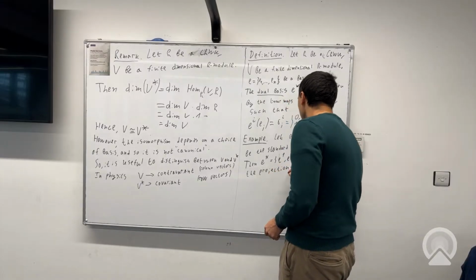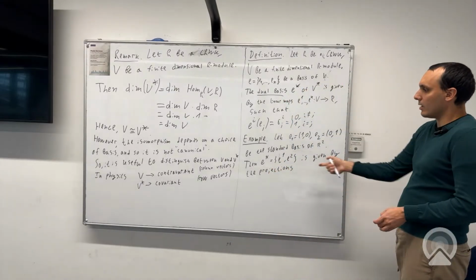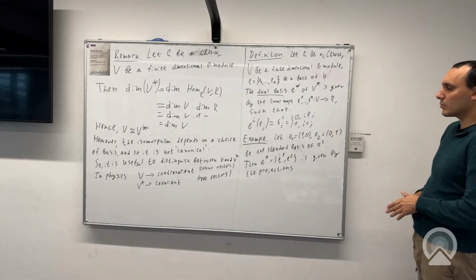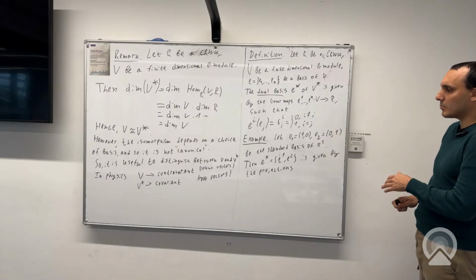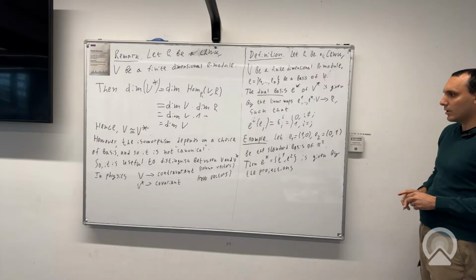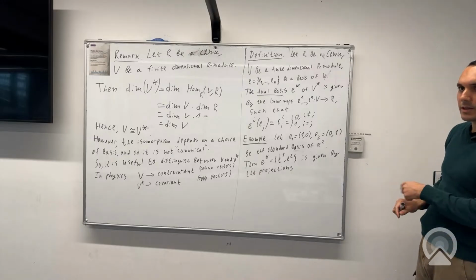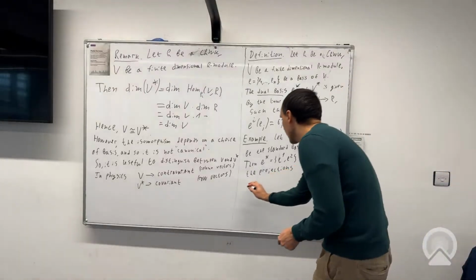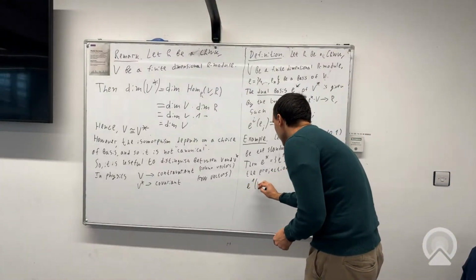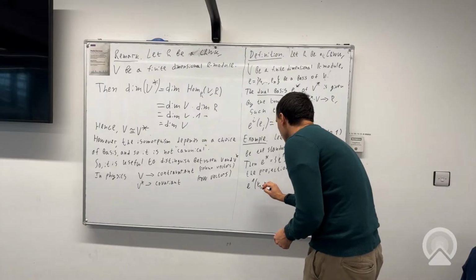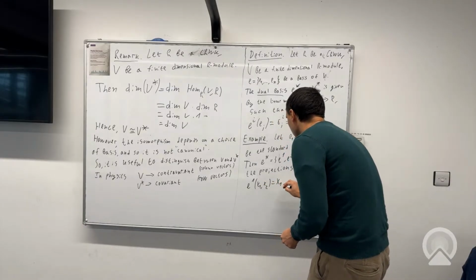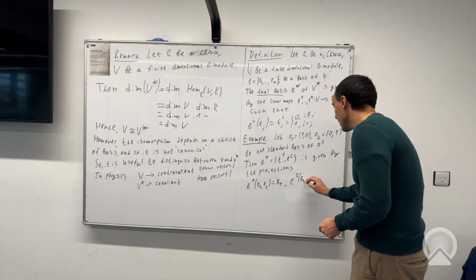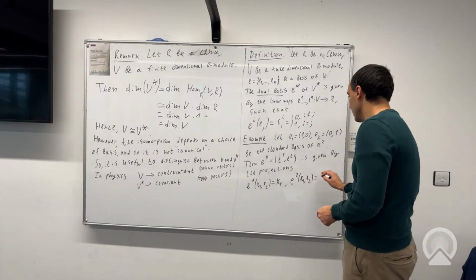Remember I said a linear function on R squared is just a1 times x1 plus a2 times x2. And when a1 is 1 and a2 is 0, or the reverse, we get the projection maps. So e^1 of (x1, x2) is x1, and e^2 of (x1, x2) equals x2.